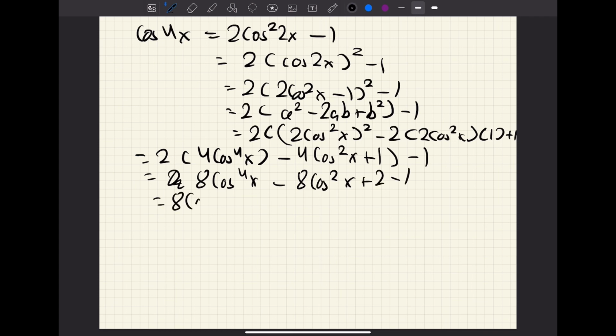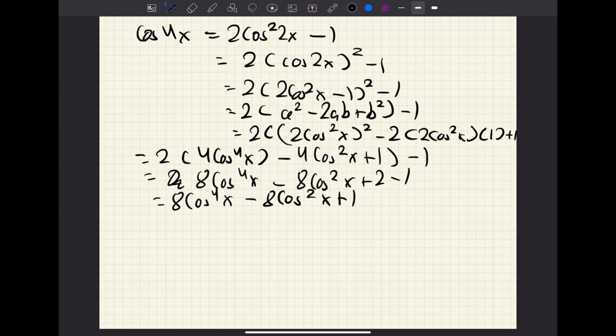You do not have to memorize what I did over here. This won't be on the data booklet. This might actually come as a question: expand cos 4x. I'm just showing you the method of doing this. So we can further simplify this.